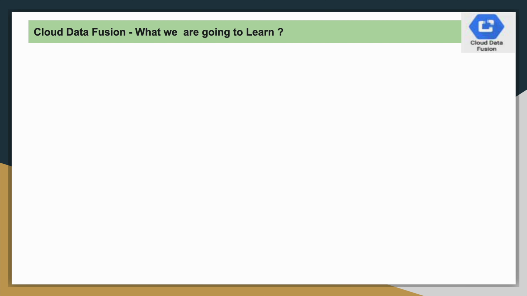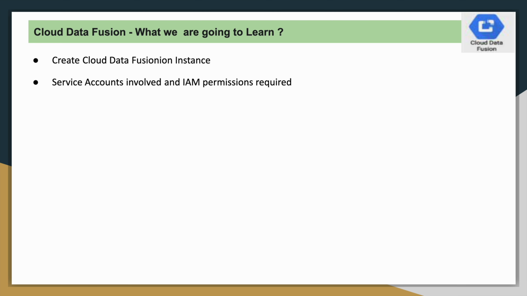Now in this video, what are we going to learn? In the first step we are going to create the Cloud Data Fusion environment, that is the instance, and we'll see the process of creating this instance. This Cloud Data Fusion environment is associated with a few service accounts.